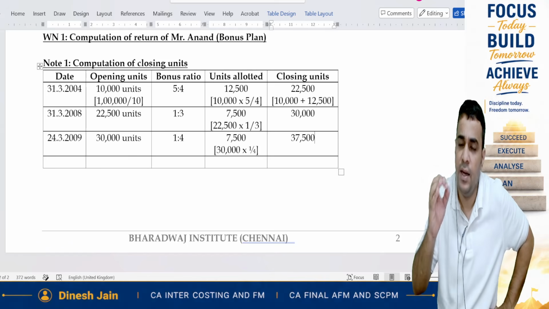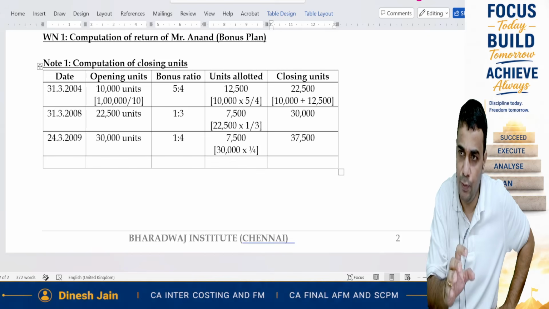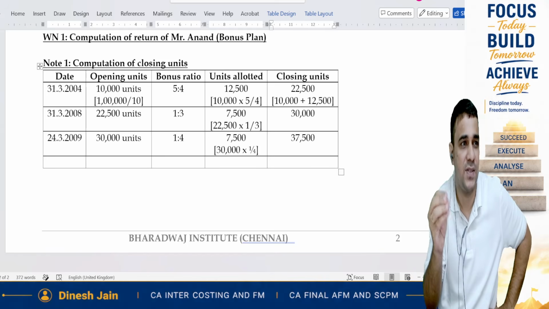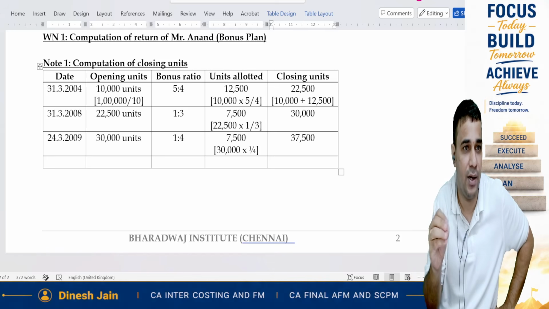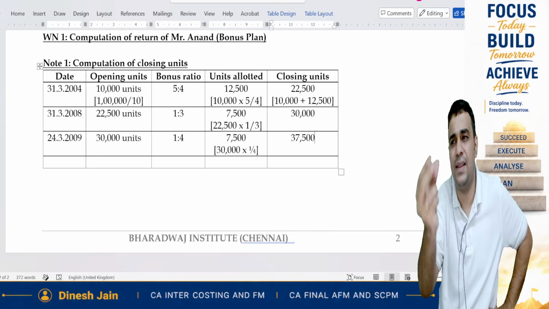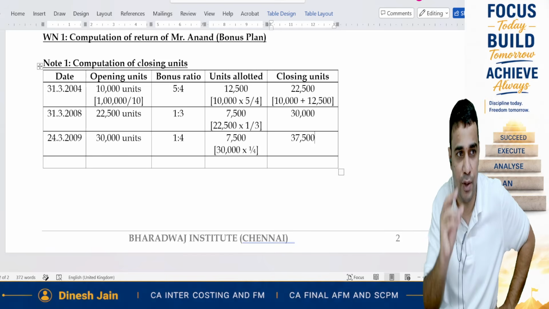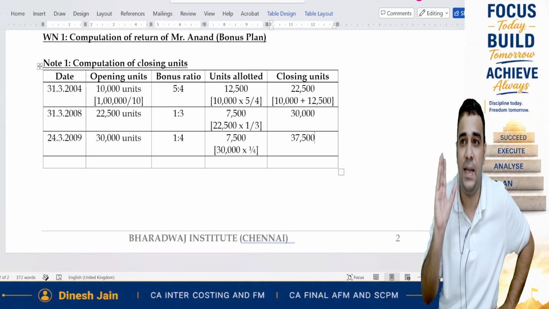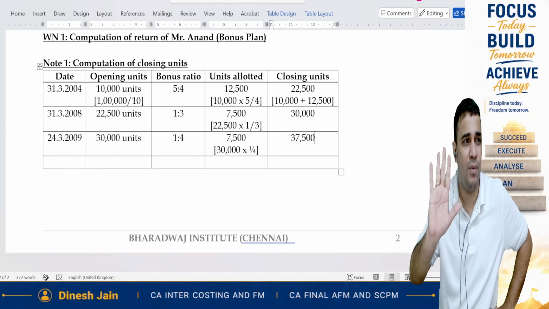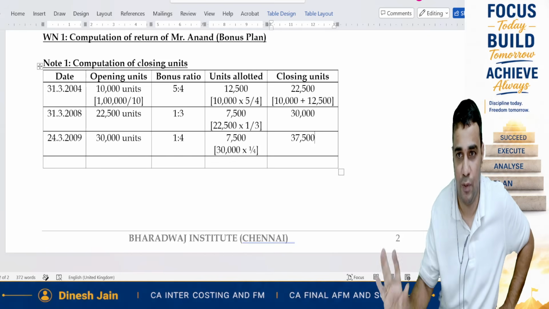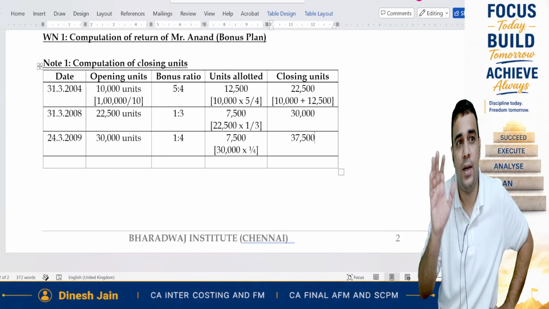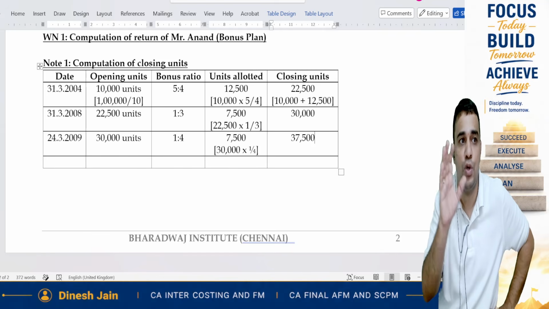Listen. Return is closing value minus the opening value. But here I have some expenses and some capital gain. So rather than a formula, I will do it in a table, because I have to bring in the capital gain part and the STT part. The base formula is the same: what I get back minus what I give. What I get back is closing units into closing NAV.